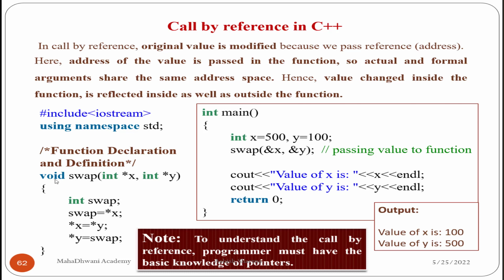Here is the return type of the function, the name of the function swap, and we pass two pointer type variables, integer pointer type variable x and integer pointer type variable y. What is the asterisk operator here? The asterisk operator is used to retrieve the value from the address.